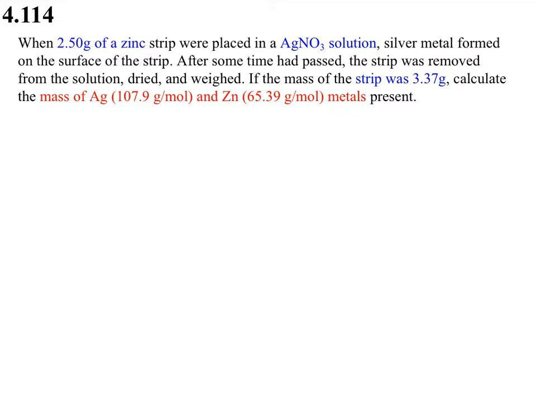So first we need to write down the chemical reaction of this process. Zinc as a solid reacts with silver nitrate in solution. As products, we have zinc nitrate and solid silver. To balance it, we have two silver nitrate and two silver.